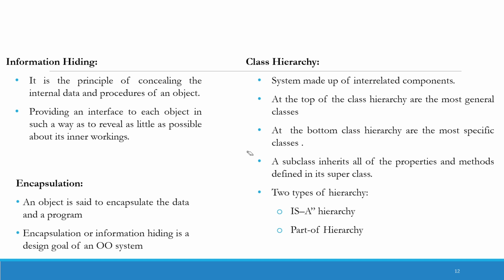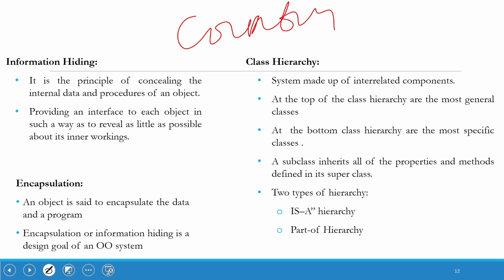For example, when you say country, let's map the concept. We have a country. This is the top concept. So we have states, we have zones, and we also have districts.